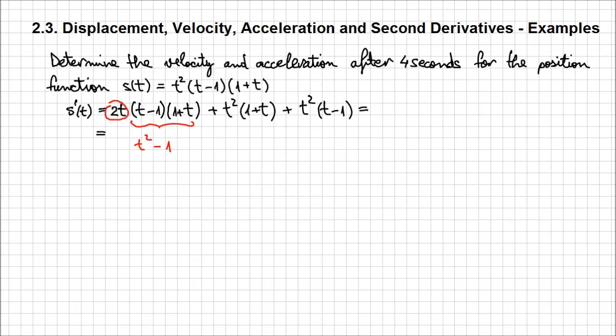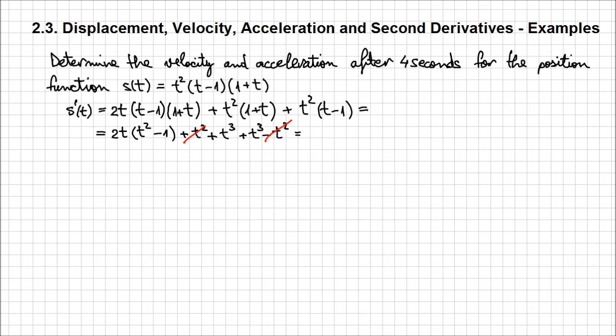So I can continue to say it's equal to 2t times t squared minus 1 plus, let's expand those parentheses, t squared plus t to the power 3 plus t to the power 3 minus t squared. Right away I see that t squared and minus t squared are going to be 0. I also have a couple of like terms, t to the power 3 and t to the power 3.